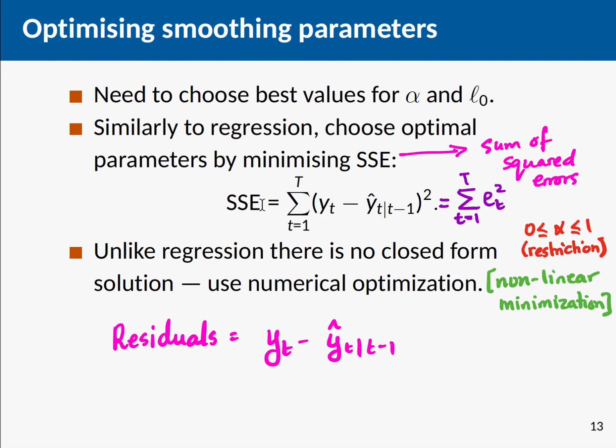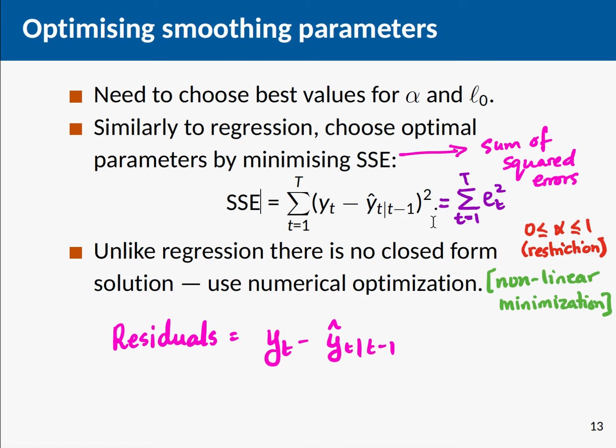The sum of squared errors in time series is going to be equal to the observed value, which is yt, minus y hat t, given all the information at t minus 1. So this is the fitted value of the series, given whatever model you're using. You square it, so this is like you're squaring your residuals, and you are minimizing the sum of squared residuals or errors.